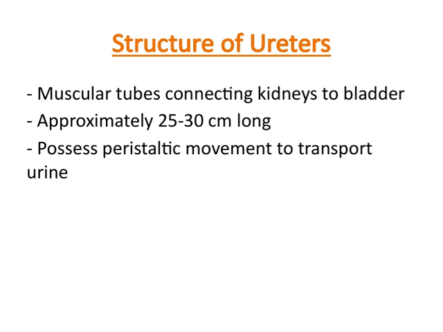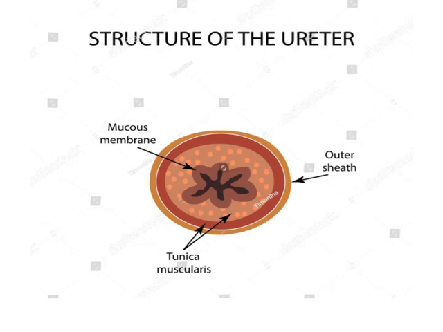Understanding the structure and function of the ureters helps us see how the body maintains proper urine flow and prevents backflow, which is crucial for overall urinary health. This connection between the kidneys and bladder is a vital part of the urinary system's function in waste removal and fluid balance.